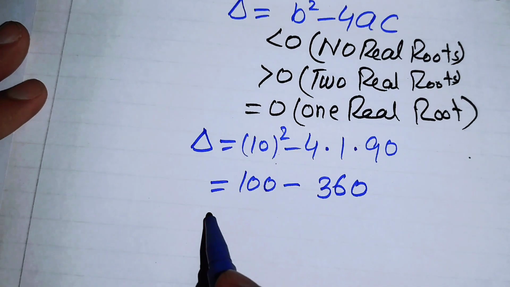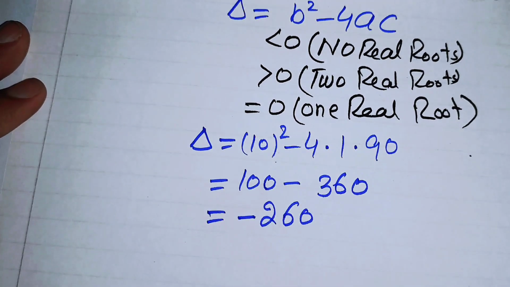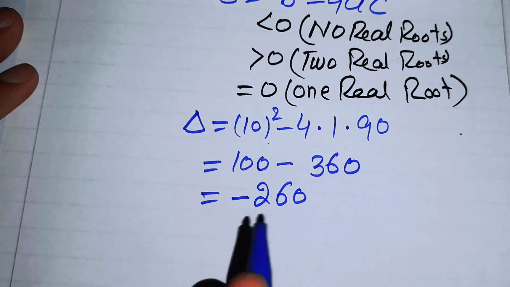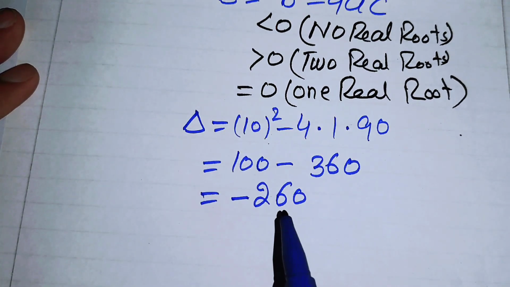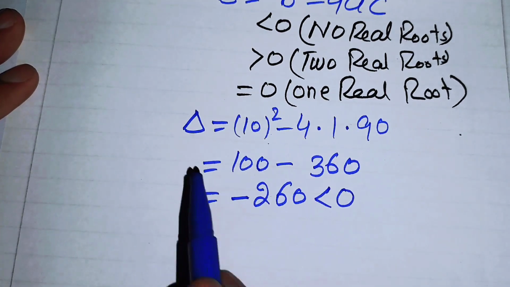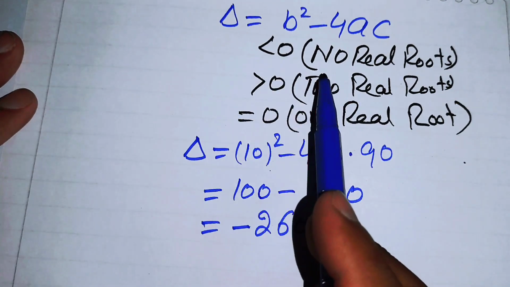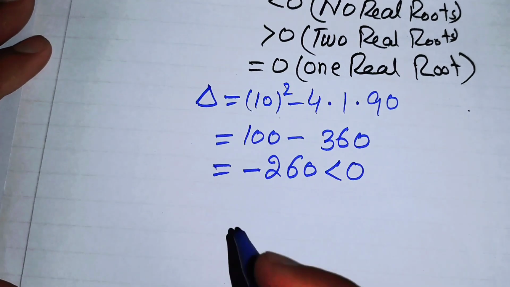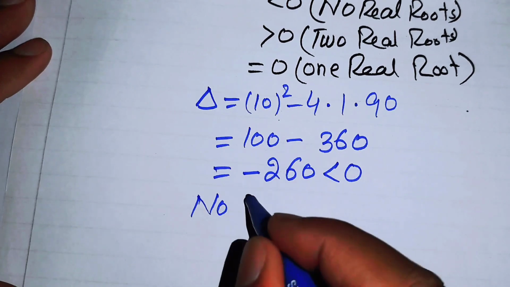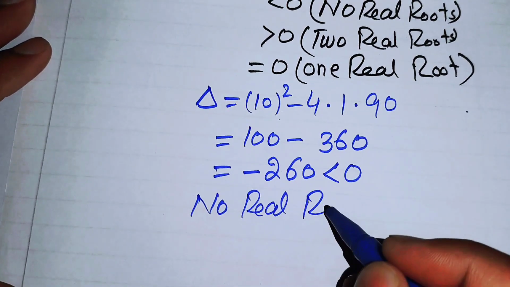When we subtract these two terms, you get minus 260. So here you see that our delta is minus 260, which is less than 0. If the discriminant is less than 0, then we say that it has no real roots.